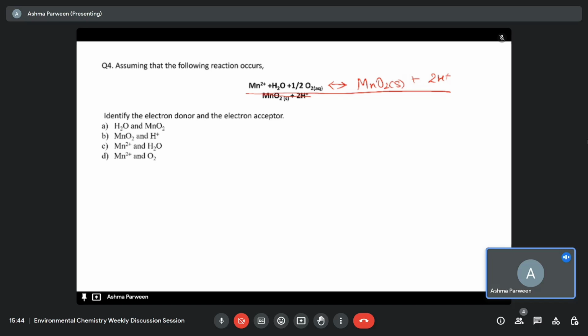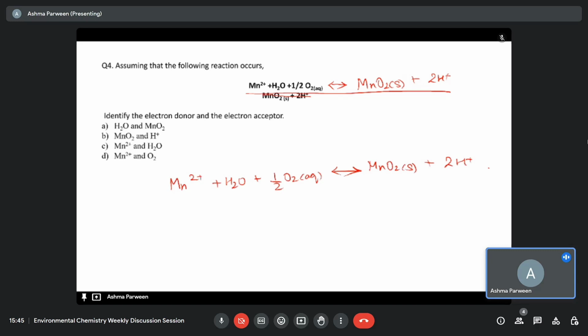So let's see what are the charges of the compounds involved here. We have Mn2+ plus H2O plus half O2. The products are MnO2 solid and 2H+.